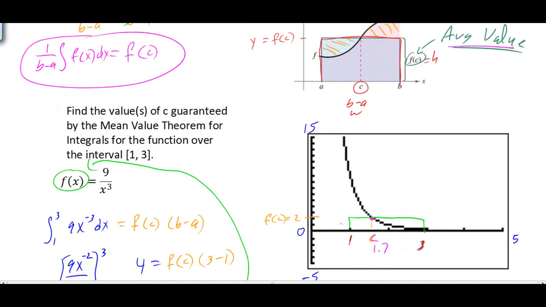So again, the mean value theorem shows us how we can find the rectangle that gives us the same area as the area under the curve. And the height of this particular rectangle, our f of c, where f of c is equal to 2, is the average value.